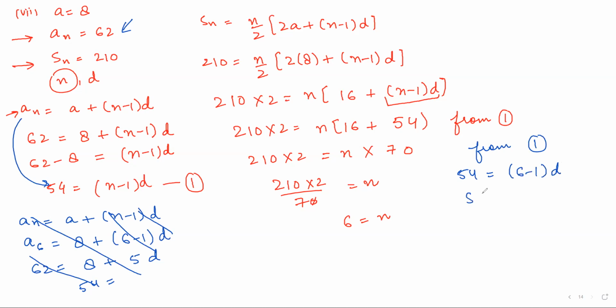So 54 divided by 5 is equal to d. So that's my d. You can convert it into a fraction if you wish, because it is easy to divide by 5. So 5 into 5, then 5 into 0, and then 40. So 5 into 8 is 40. This is your d.